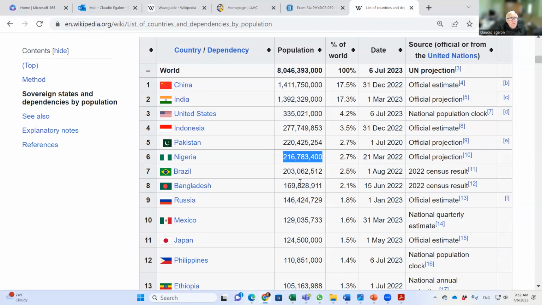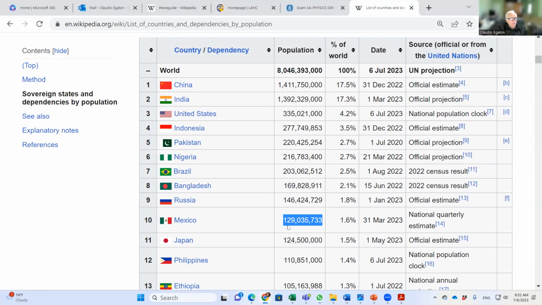But that's because the rate of growth in Nigeria is very large, something like 5% a year. The growth rate of Brazil's population is similar to that of the United States. So Nigeria passed Brazil. Mexico, yeah, Mexico is a large country as well.